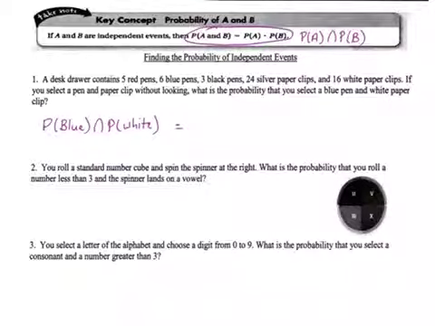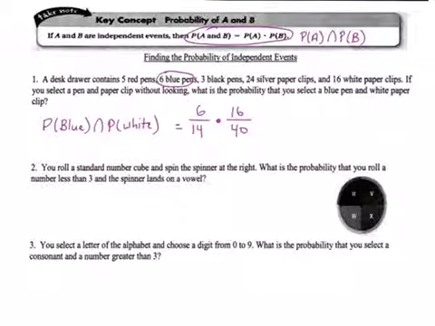So in this case, the probability of blue, well, there's 6 blue pens out of a total of 14 total pens, times the probability of a white paper clip, which is there's 16 white paper clips out of 40 total paper clips.